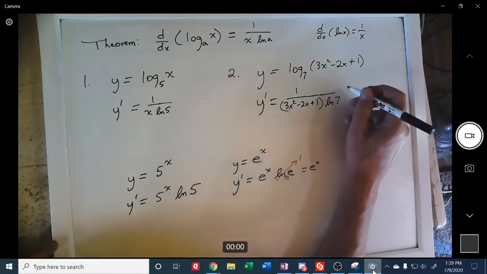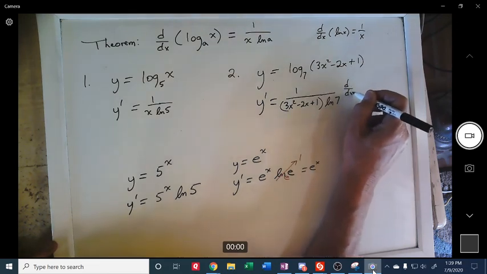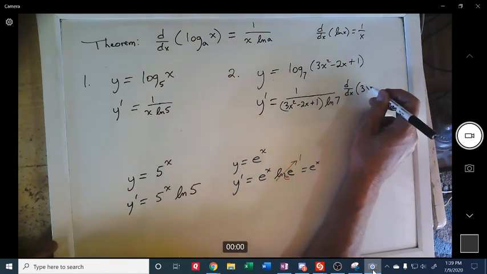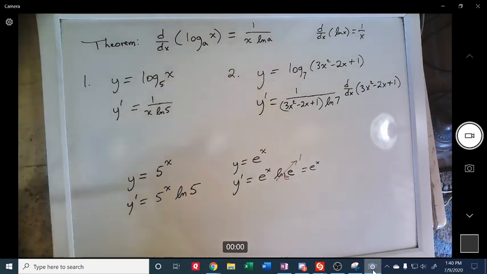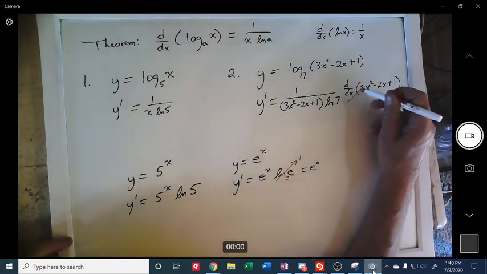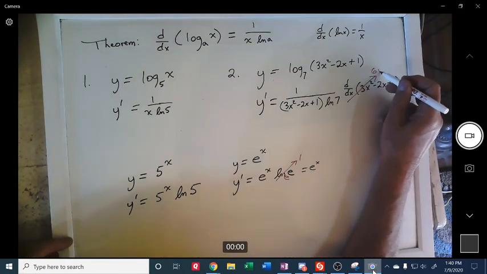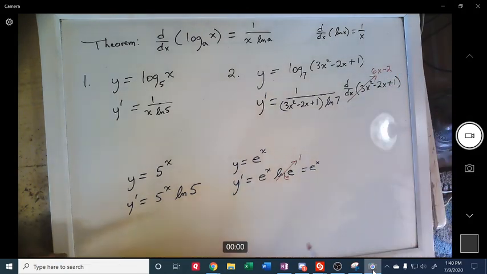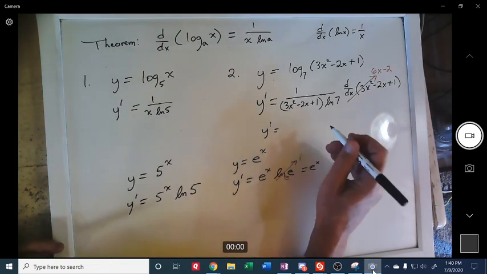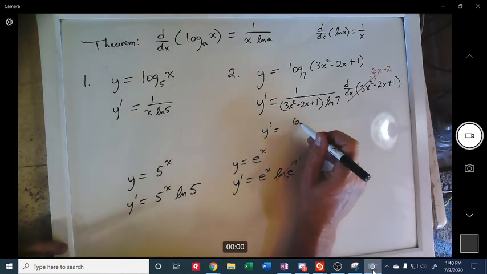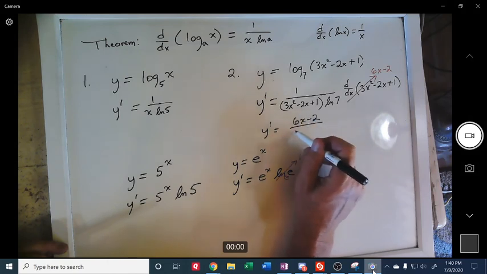And then I'm going to have this derivative, du dx, tacked on. And this becomes 6x minus 2. So my final answer would be y prime is equal to 6x minus 2 over all this stuff.